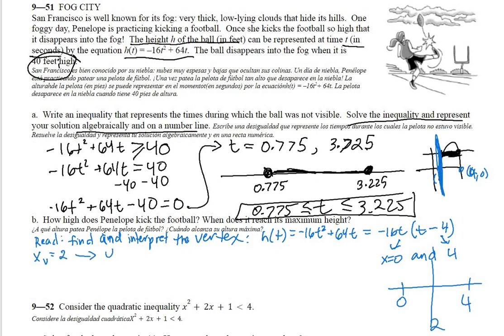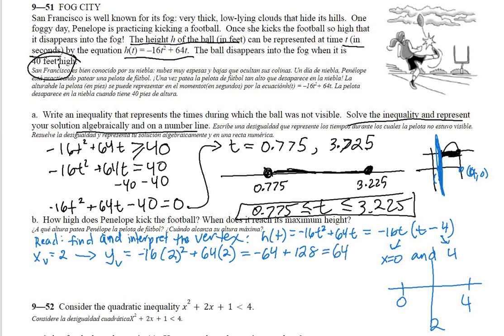And now I need to find my y part of my vertex. So y part of my vertex is going to be if I plug 2 in to my equation. So that's negative 16 times 2 squared plus 64 times 2. Oh, sorry, 2 squared is 4. Negative 64, because it's 16 times 4, plus 128, which is 64.